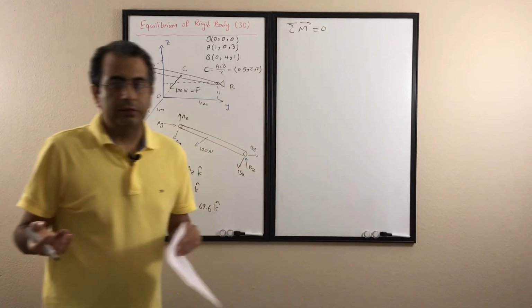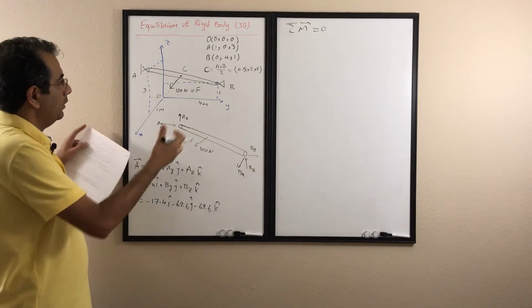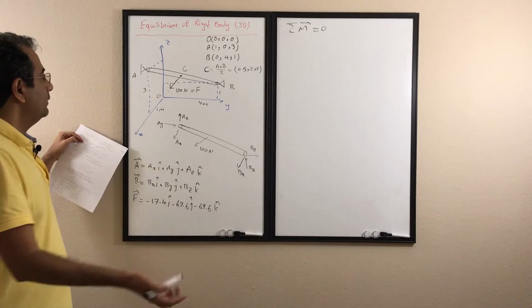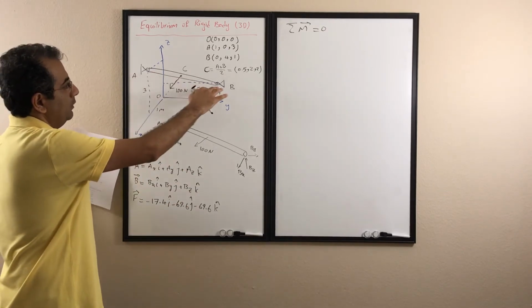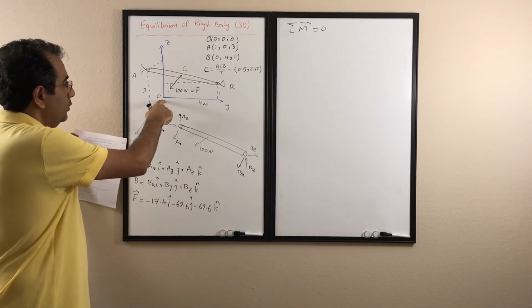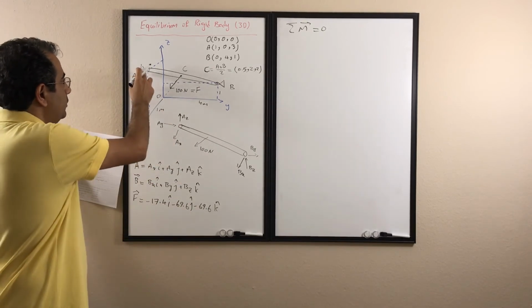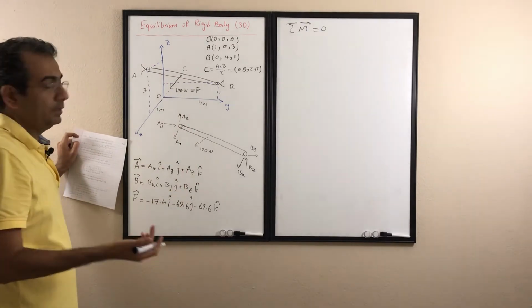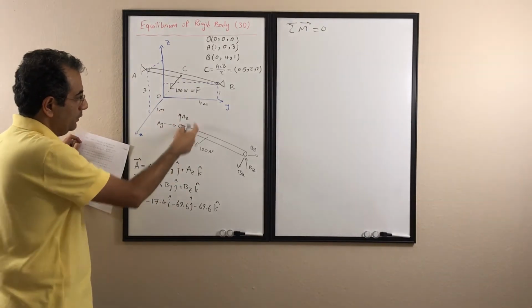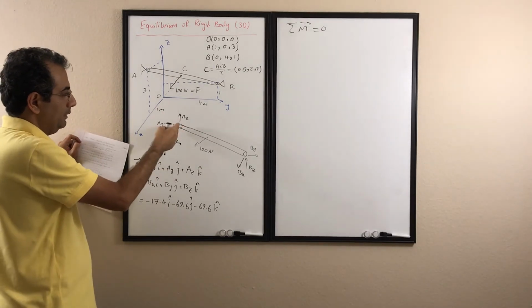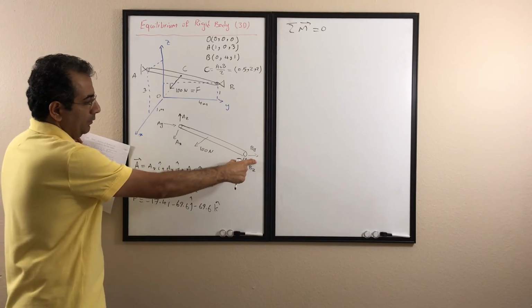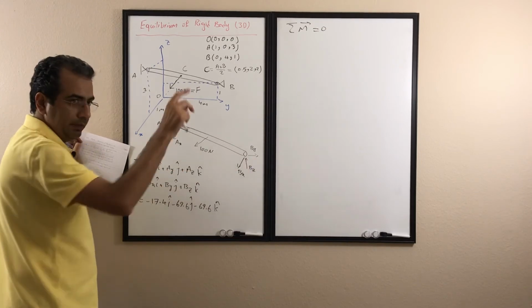But I have to write all the moments about one point. Here we can write it about point A, or about point O, or about point B or any other point. If we write it about point A, the good thing is that these 3 will be cancelled out because they don't have any moment, and all these 3 unknown forces would remain in our equation.